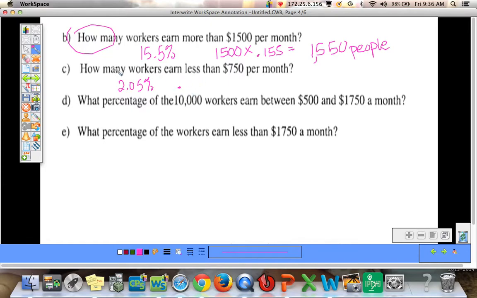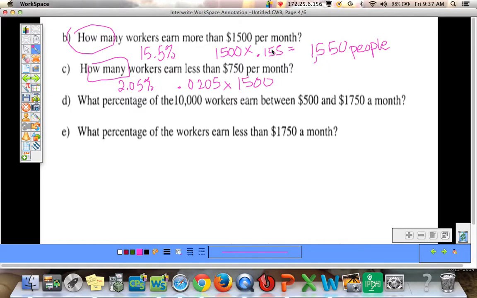So how many, again, we have to multiply it, change it to a decimal, 0.0205 times the number of workers.